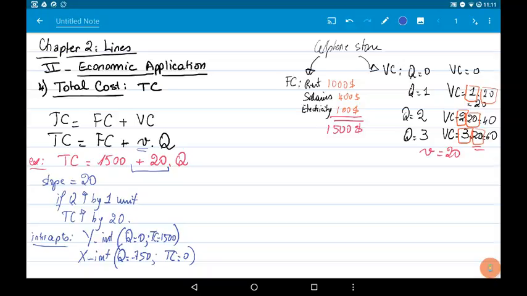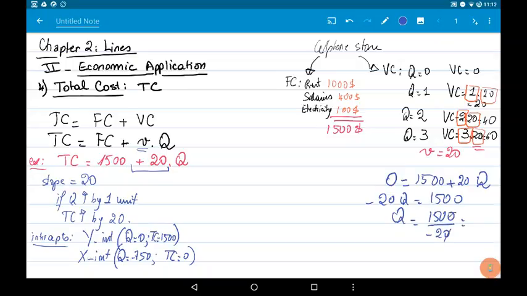Let's calculate this. We need to replace TC with 0 and solve for Q. Minus 20Q equals 1,500. Q equals 1500 over minus 20, which is minus 75.